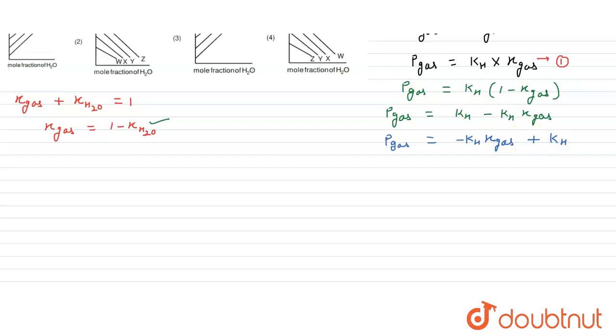Now if you compare it with the straight line equation, let's say this is our y-axis, because in the options the partial pressure is on the y-axis, so we put it on the y-axis. You can see I have made a mistake here. This is not the mole fraction of the gas; this is the mole fraction of the water.